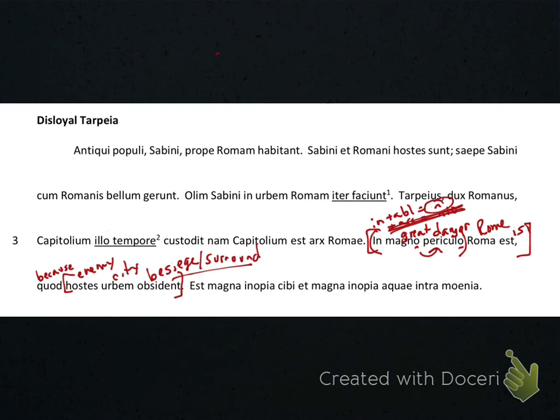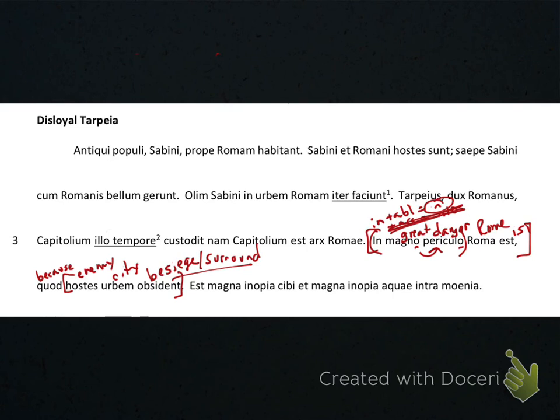Well, once they are built, no, obviously the physical structures don't get up and surround the enemy. So clearly it must be the enemy who's doing the action of surrounding, and the city is what they are surrounding. The city that we're talking about here is Rome, and the enemy are the Sabines.